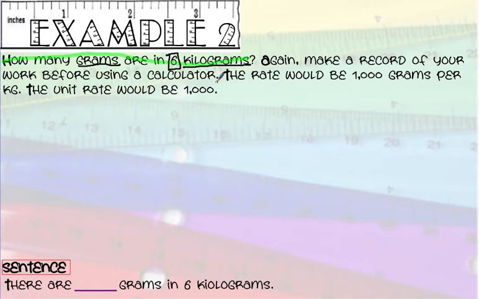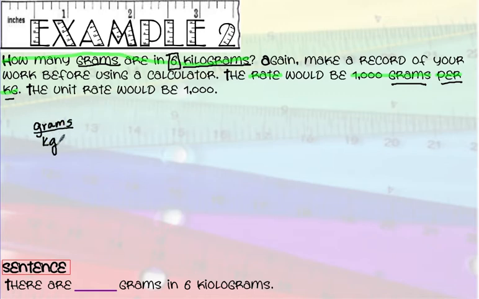All right, so in this case, the rate would be 1,000 grams per kilogram. So I want to write that out here because that's important. So the rate, 1,000 grams per kilogram. Okay, and then again, it's really important to remember that it's grams per kilogram.